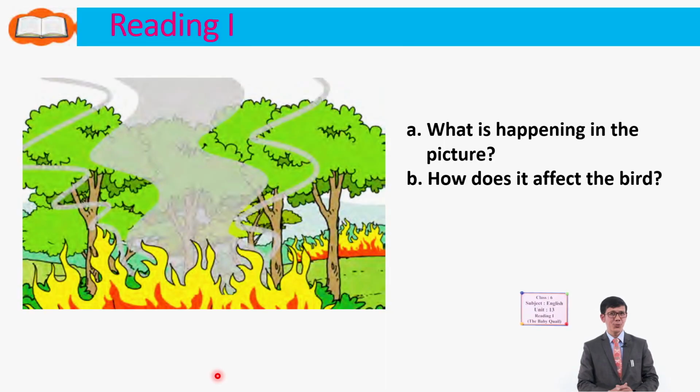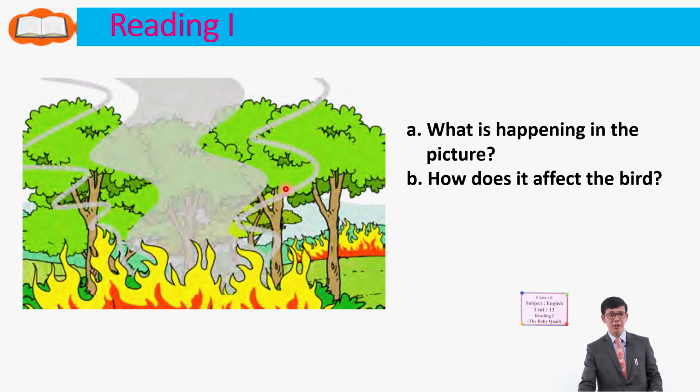Before we begin, let us look at the picture and talk a bit about what is happening there. Please, everyone, look at the picture and make a guess. Can you see something there?